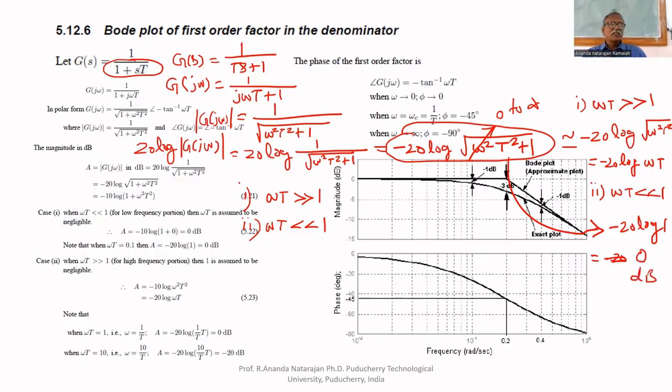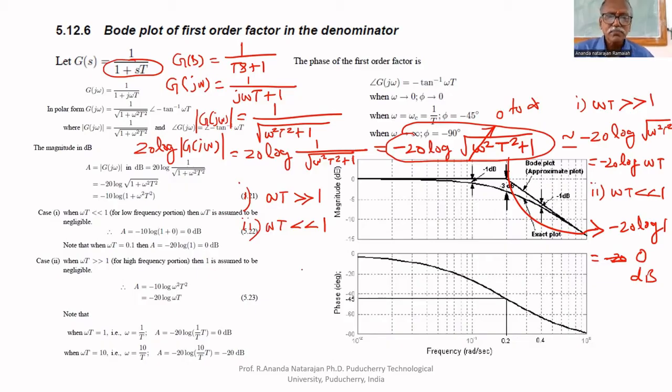So omega tau far, far greater than 1 means the equation becomes minus 20 log omega tau. If omega tau is far, far less than 1, it is equal to 0 dB. Only 2 cases.